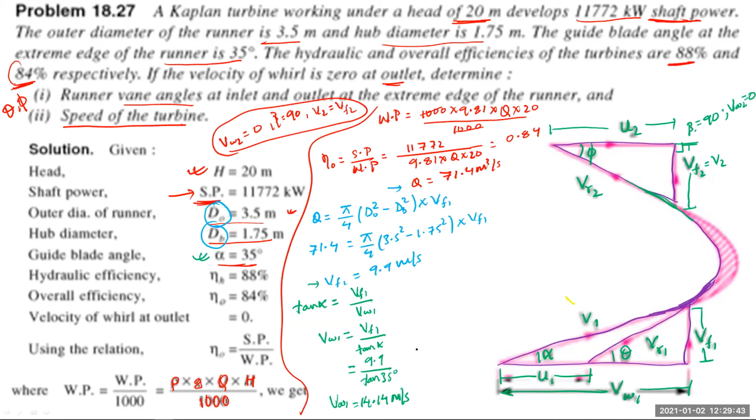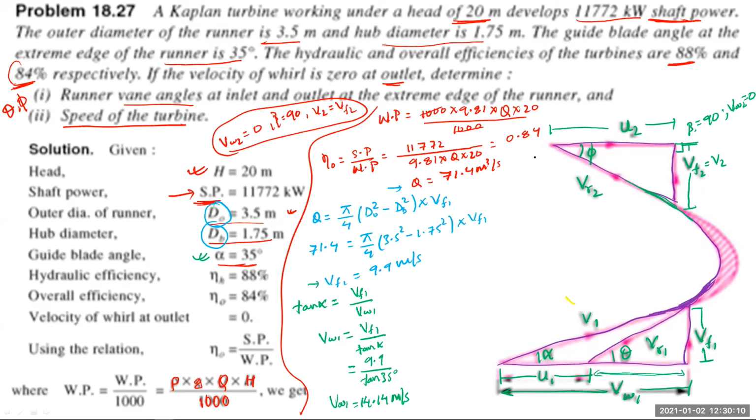Okay. Similarly, now we need to calculate this U1. In order to calculate this theta, we have to use tan theta equals VF1 divided by this portion. So for calculating this value, you need to know the value of U1.